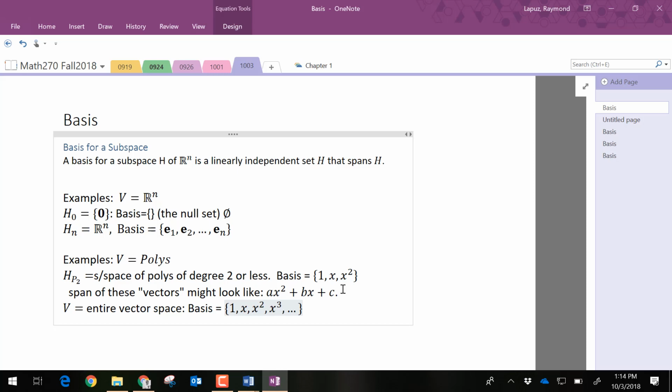Well, there's no special name for it, but it's infinite dimensional. The number of basis vectors you have, which we'll get to, will be the dimension. So we have an infinite dimensional vector space. Cool, huh? The set of polynomials is an infinite dimensional vector space.